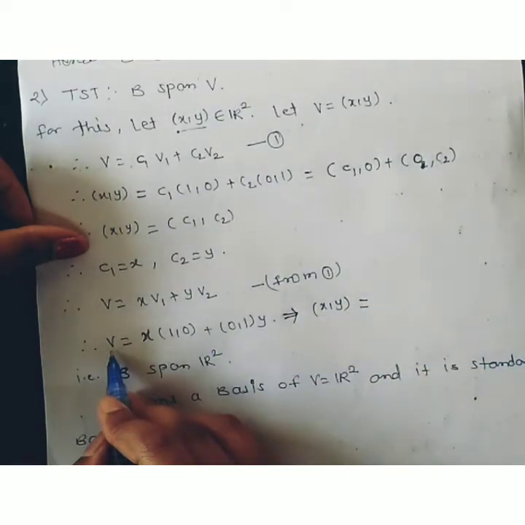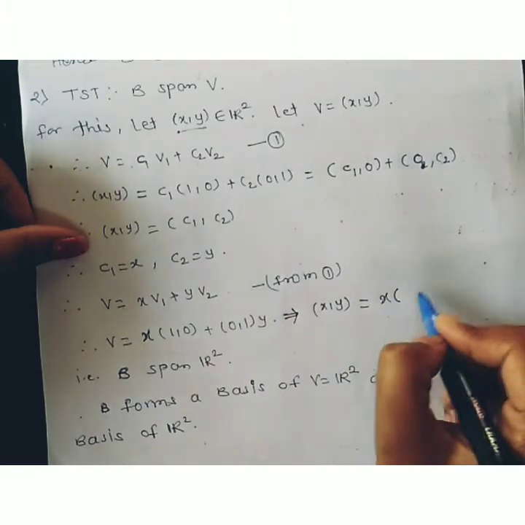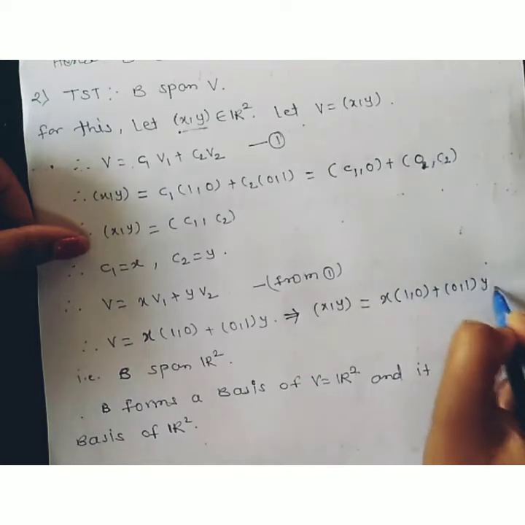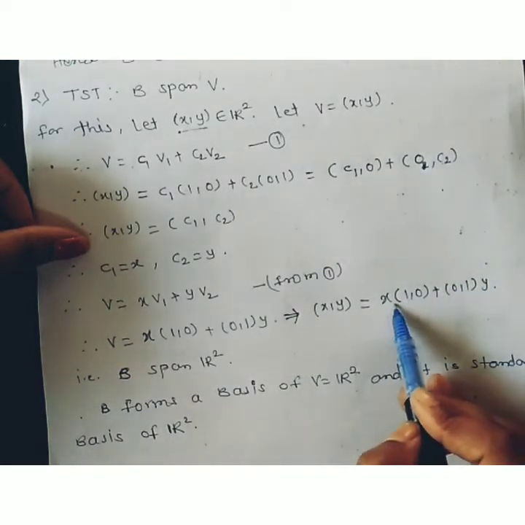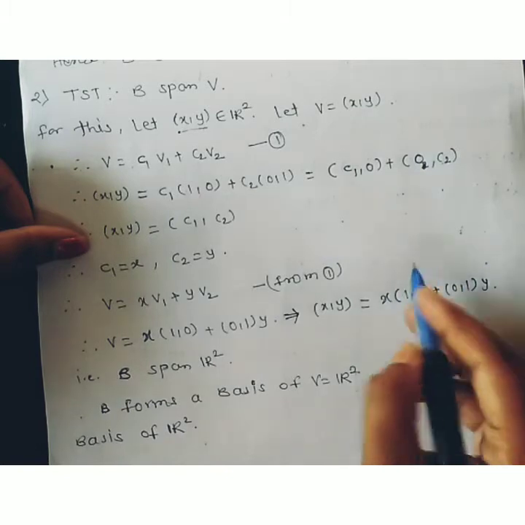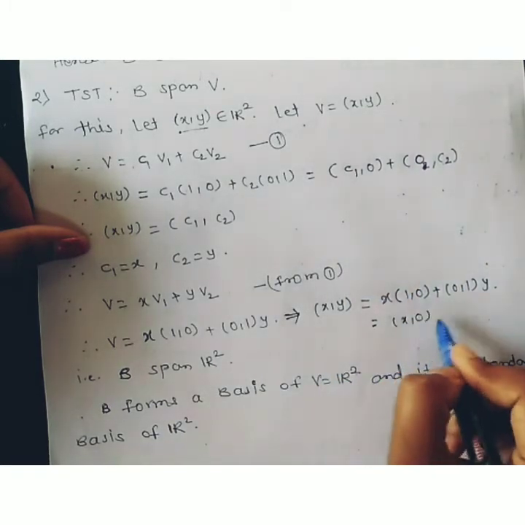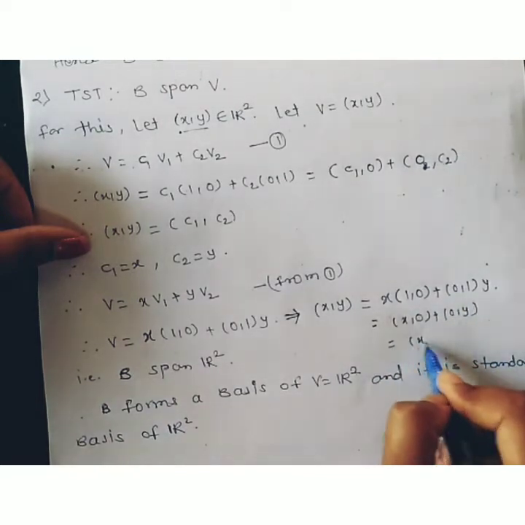As we know, V is equal to the ordered pair (x, y), which can be written in the form x into (1, 0) plus y into (0, 1). Here, if we multiply inside the bracket, it becomes (x, 0) plus (0, y). Then take the addition of both, it becomes (x, y).